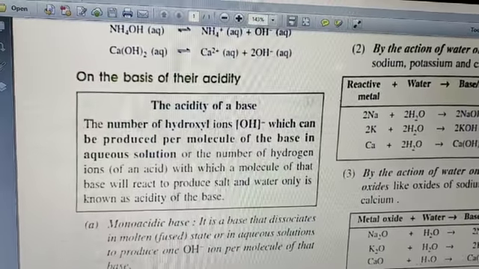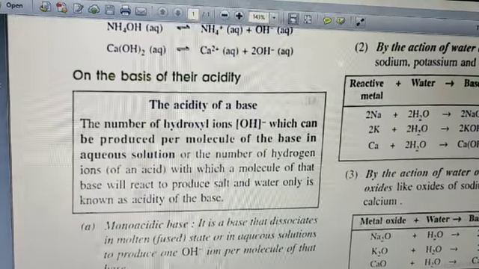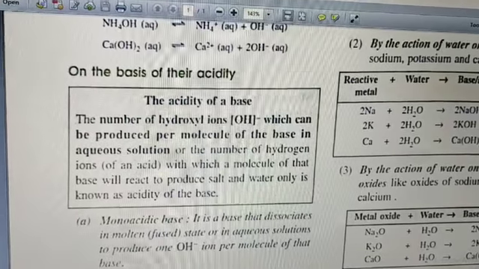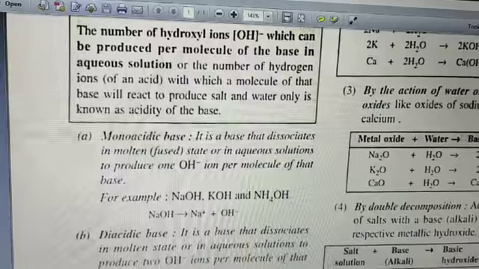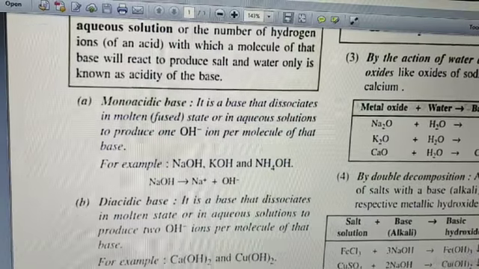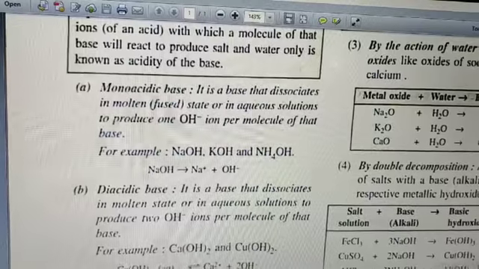In a similar way, as we have seen the classification of basicity of an acid, now we'll see the classification of acidity of a base. It can be classified as monoacidic base, diacidic base, and triacidic base.